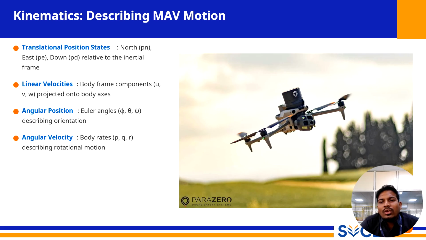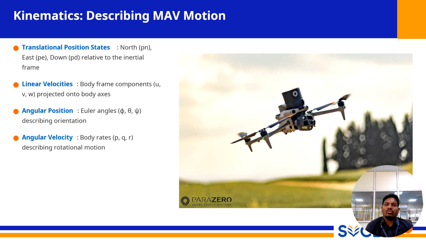Specifically, p is the roll rate, or how fast the drone is rotating around its forward axis. q is the pitch rate, or how quickly its nose is moving up or down. And r is the yaw rate, which is how fast it is turning left or right. These values are typically measured directly by the gyroscope onboard the drone.